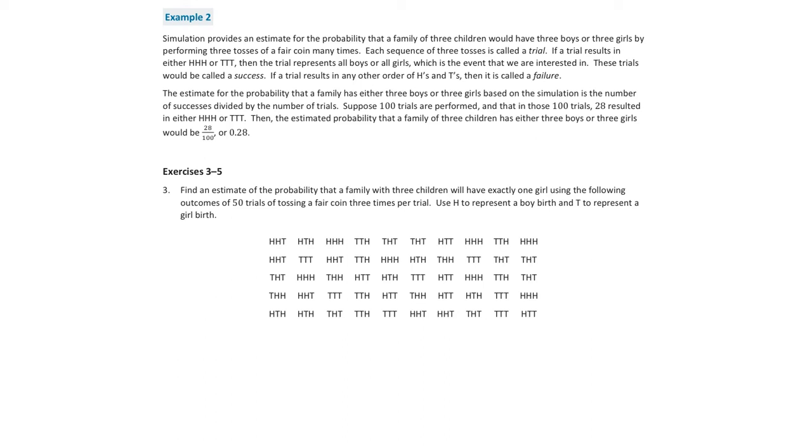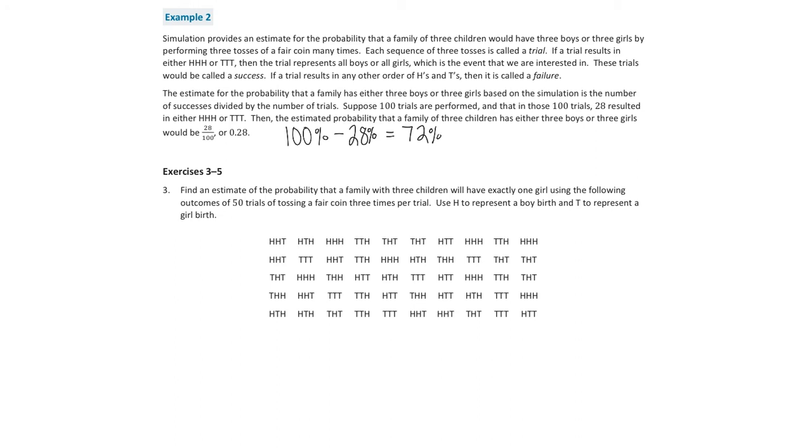To find the percentage that it wouldn't be all boys or all girls, we would take 100% of our trials minus the 28 over 100, which is 28% of the trials that are either all boys or all girls, and that gives us 72%.